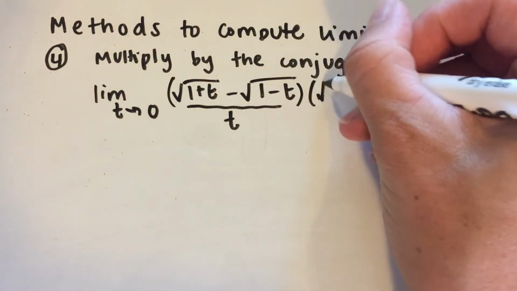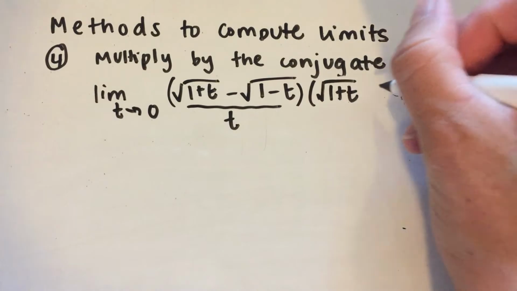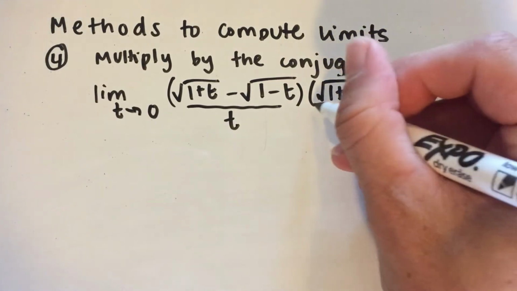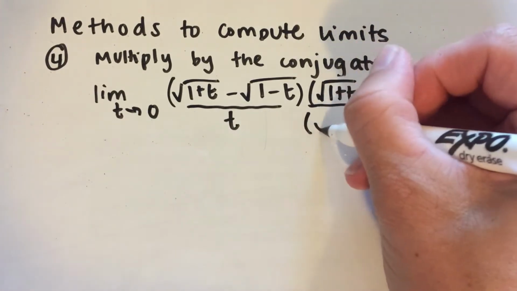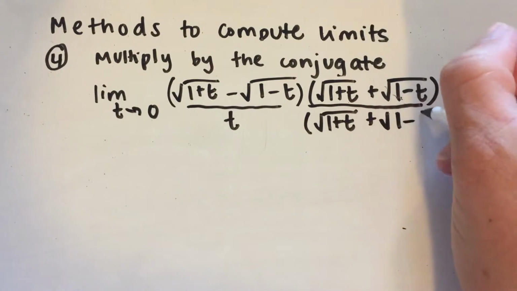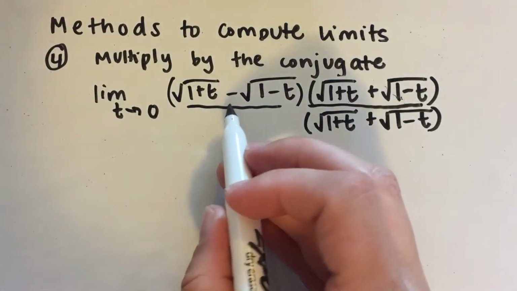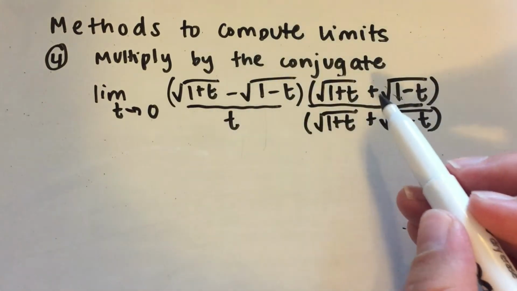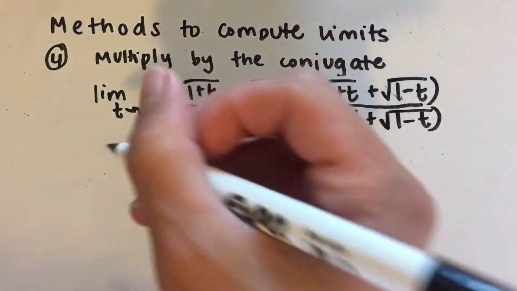So I'm going to multiply by the square root of 1 plus t plus the square root of 1 minus t. And I'm going to do this on the top and bottom because that's the same as multiplying by 1. Since we had a negative here, I'm going to multiply by these same terms but with a plus sign in between instead.